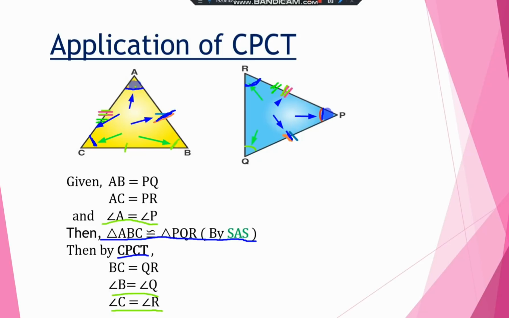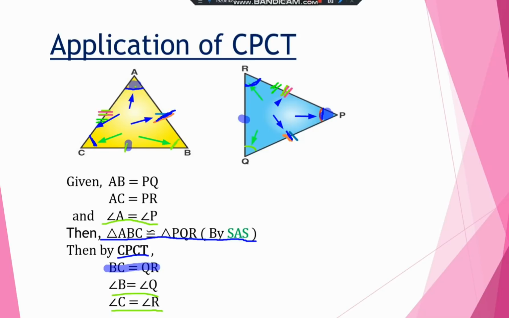Angle A is equal to angle P. So angle A has side BC opposite to it, and angle P has side QR opposite to it. That is why side BC equal to side QR.